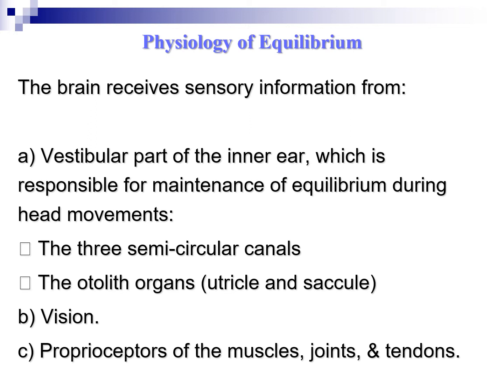The second part from which the brain receives sensory information about body balance is the eye, and the last sensory source which gives an idea about body balance is the proprioceptors of the muscles, joints, and tendons.